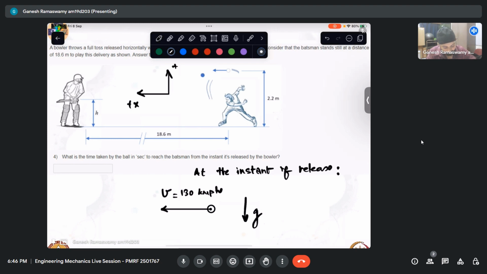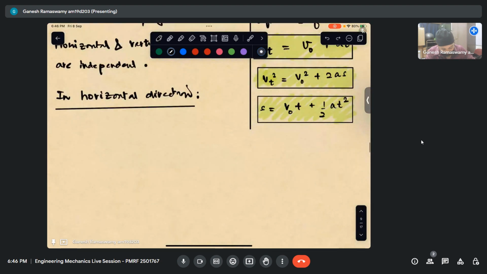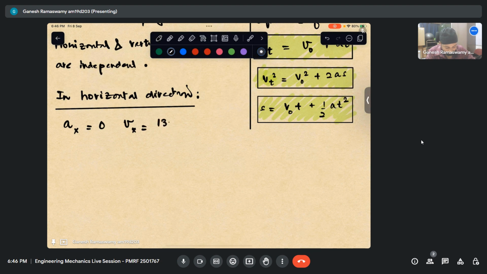So essentially my z is going into the plane of the paper. Fine. So I have acceleration in the x equal to 0, velocity in the x equal to 130 kmph.